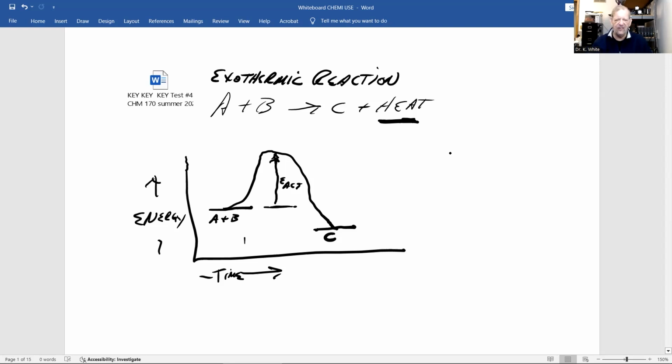And that's an exothermic reaction. Remember, the amount of energy on both sides, conservation of energy in our chemical reaction, is always the same. And because A and B had a certain amount, but you lost on this side some heat, it went away, C has less energy.